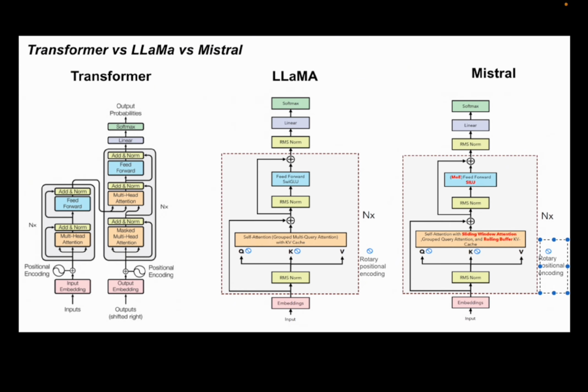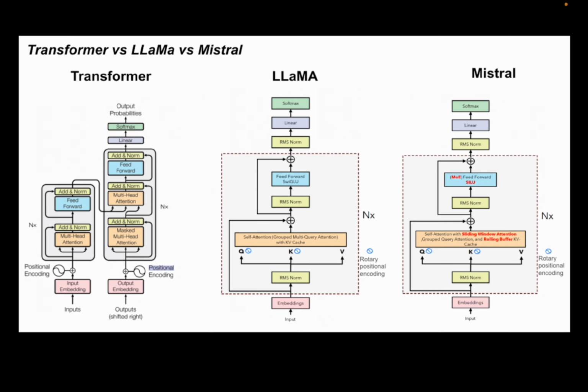In Mistral we have rotary positional encoding, but in the transformer we have positional encoding, which is a mixture of sine and cosine equations. Once we calculate the positional encoding for query and key, we give them to the attention mechanism.